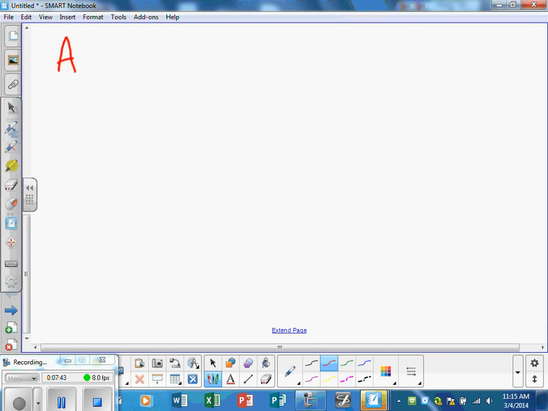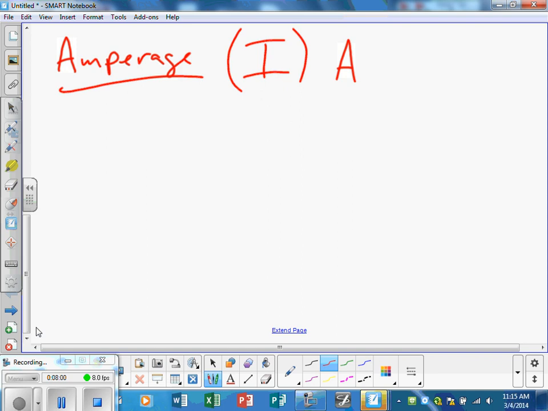So amperage is big I. Okay? And the label for amperage is A. So this is the symbol, this is the label.